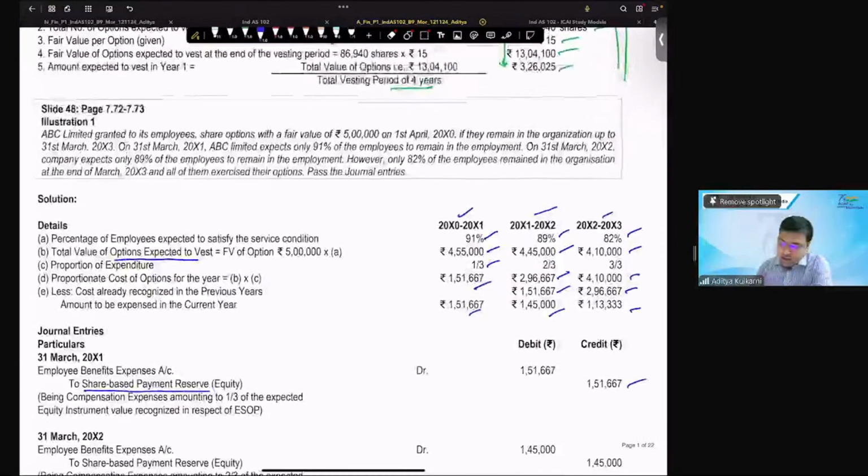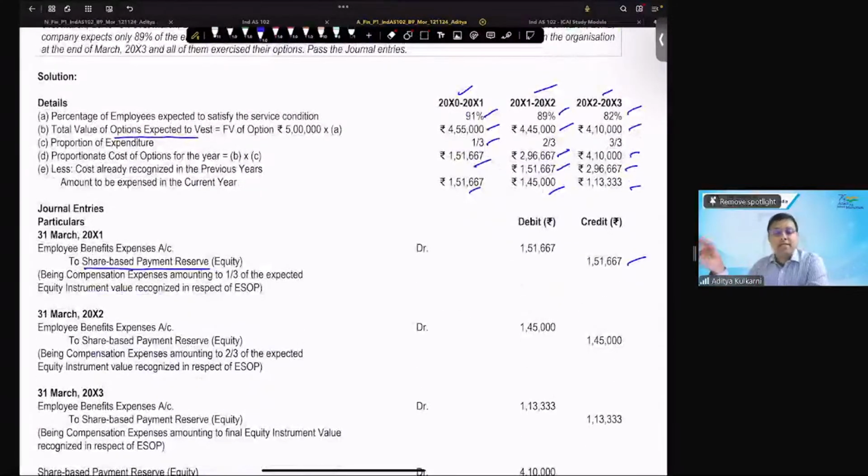In this question, you are issuing them share options, so they will get equity shares in the future. So already you have an obligation to deliver your own equity instruments, and therefore that becomes a credit to the SBP reserve. Are we okay with this?